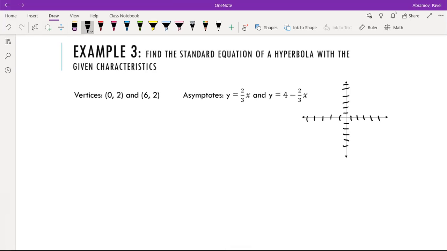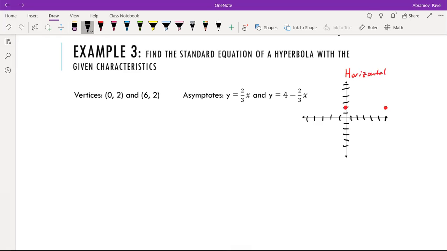So (0, 2) is this point, and then (6, 2) is this. So we can see that our vertices lie in a horizontal line. So this is going to be horizontal.